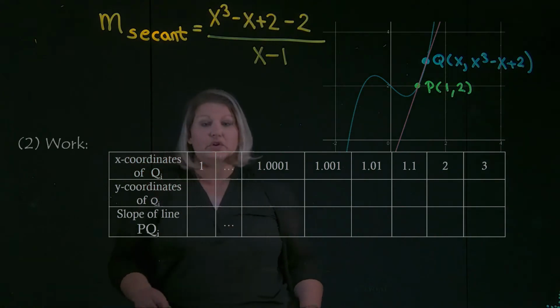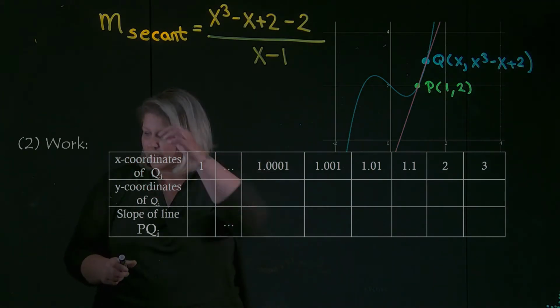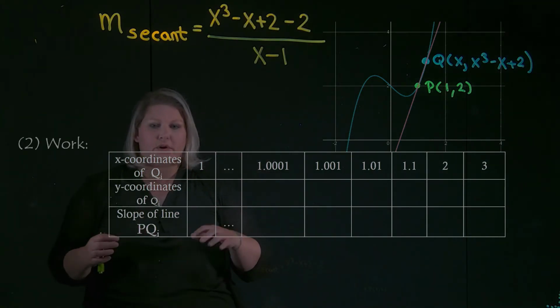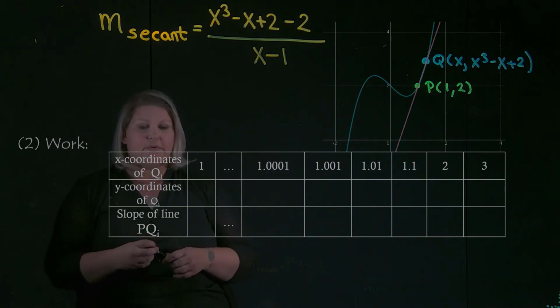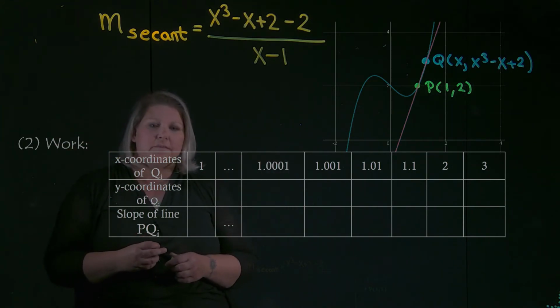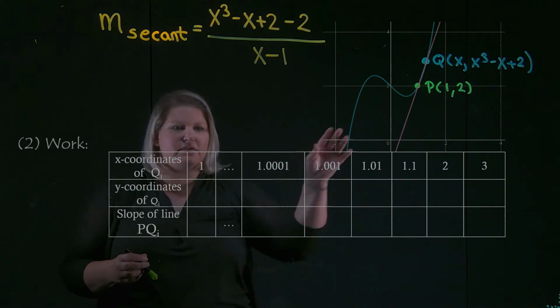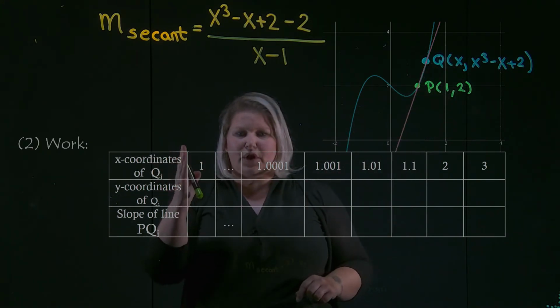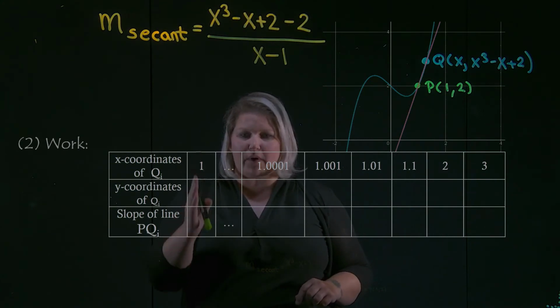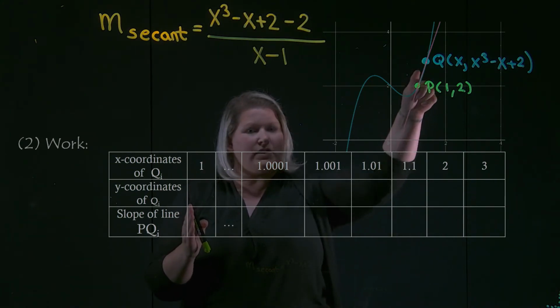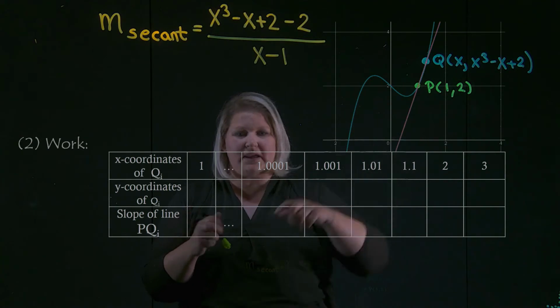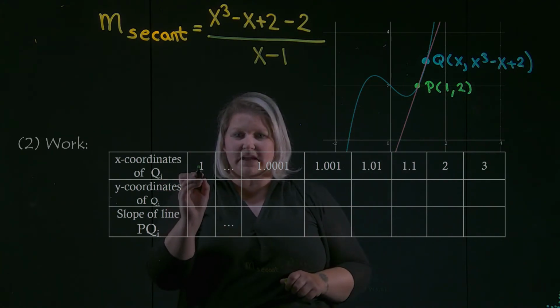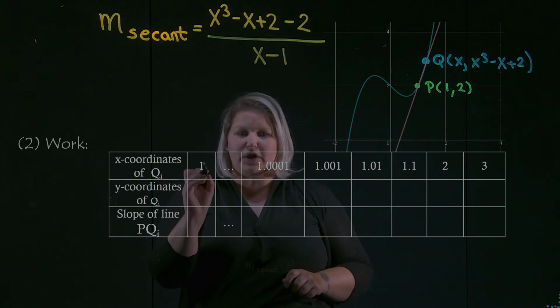Now it's time to look at the work. Keep in mind what we're going to do now is create a table of values. Understand that the table of values is based off of Q as Q changes. So here's our original point, and if we put point Q on top of point P, understand that means that the x-coordinate of Q is 1.